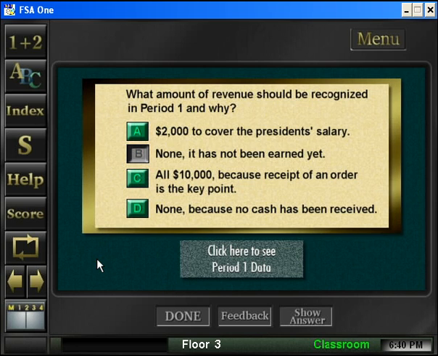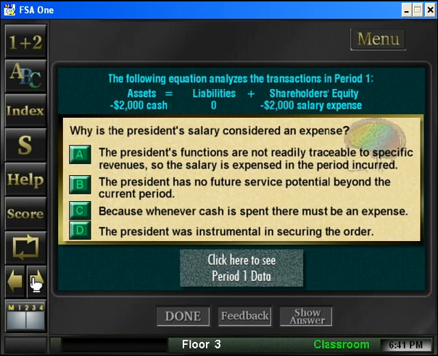Very good. Revenue is recognized when earned and the amount to be received is reasonably assured. You are correct.